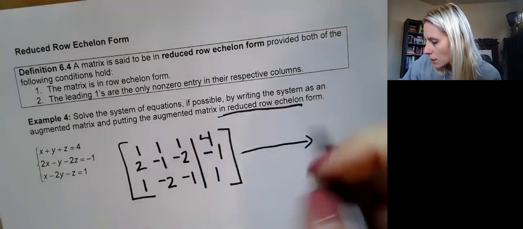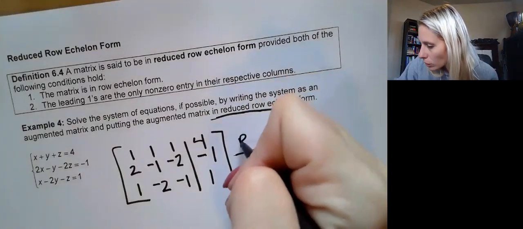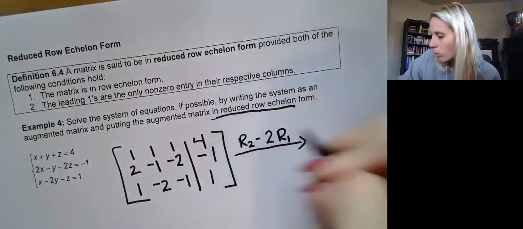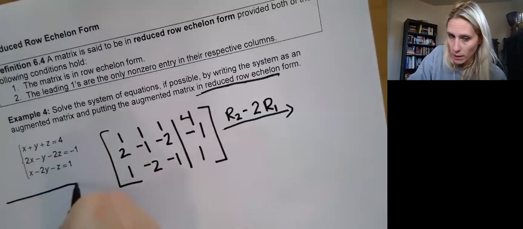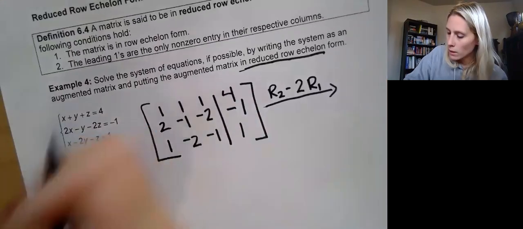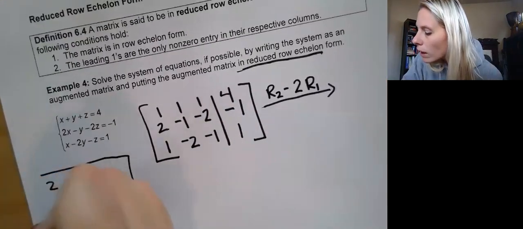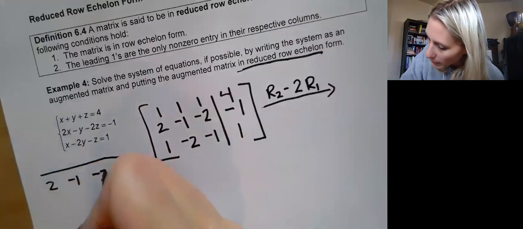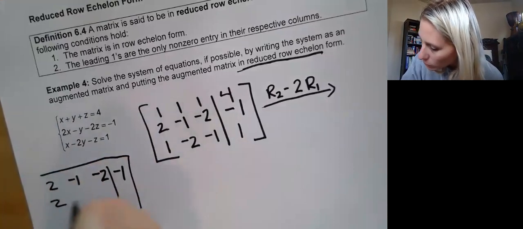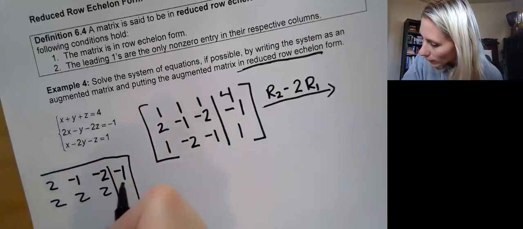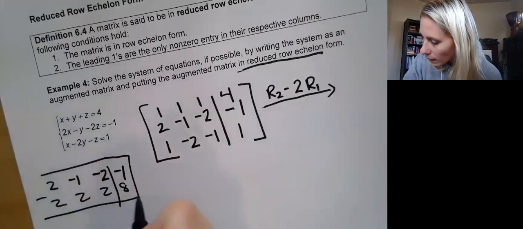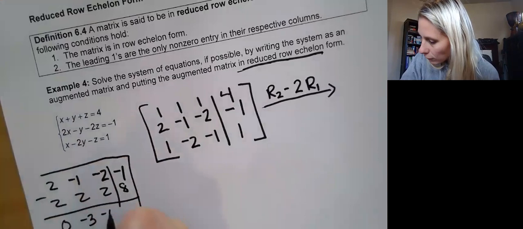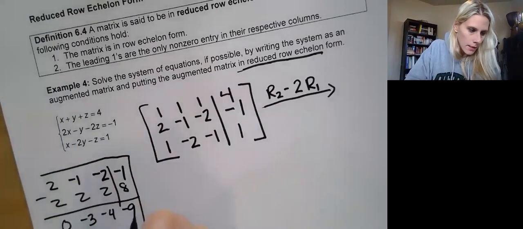We have to get rid of that 2, so it's going to be row 2 minus 2 row 1. Okay, do our side work. I'm going to do it with you. So I have 2, negative 1, negative 2, negative 1. I'm going to multiply the first row by 2. So 2, 2, 2, 8. Subtract straight down. So 0, negative 3, negative 4, negative 9.